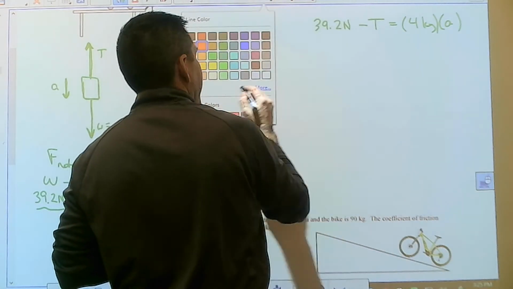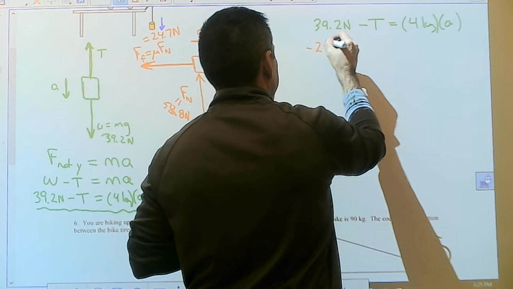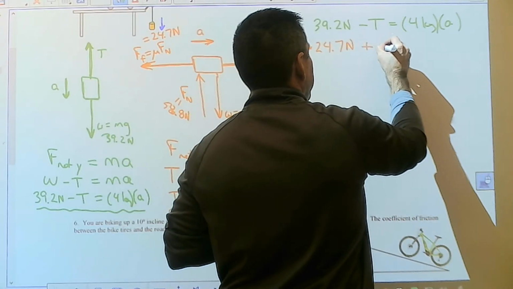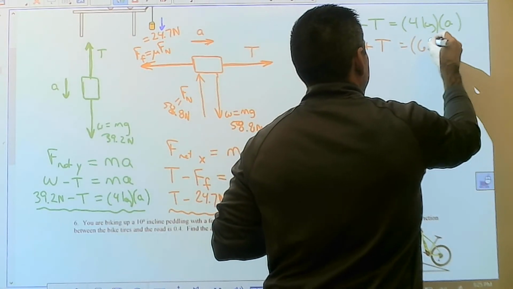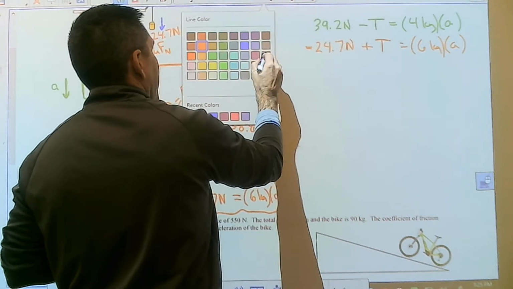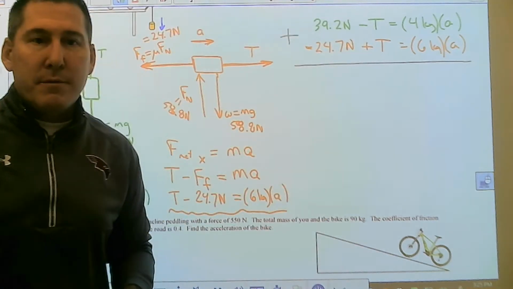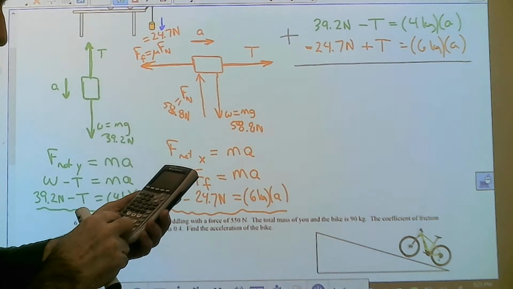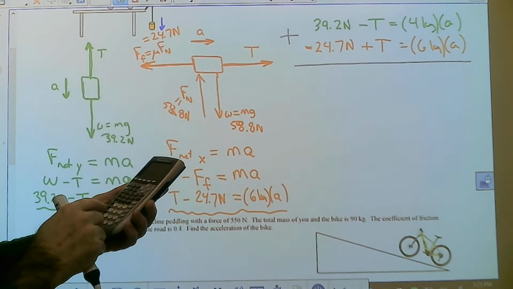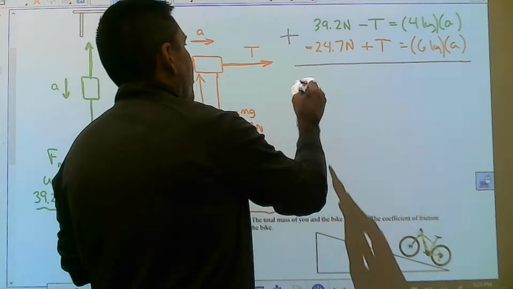And right underneath that, a negative 24.7 newtons and a positive T equals 6 kilograms times a. I'm going to line those babies up and add them together. So I've got 39.2 minus 24.7. I get 14.5.